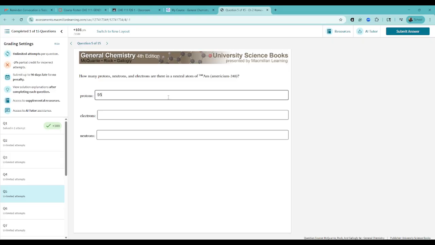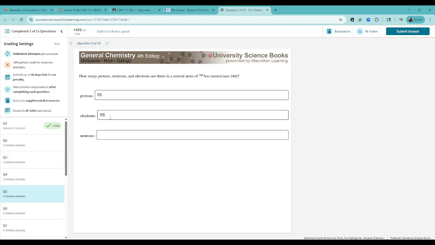Now please note, on my periodic table, it says americium 243. So if I used my periodic table and only my periodic table, I would get the neutrons wrong. Always use the neutron count for the element given.